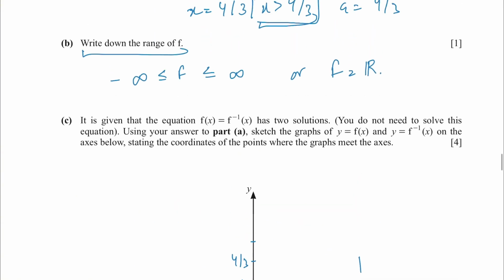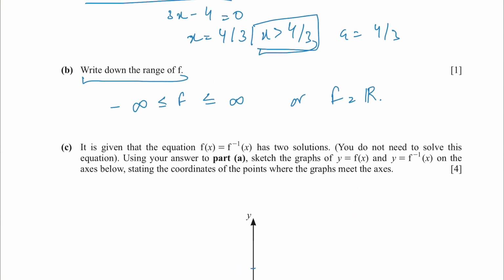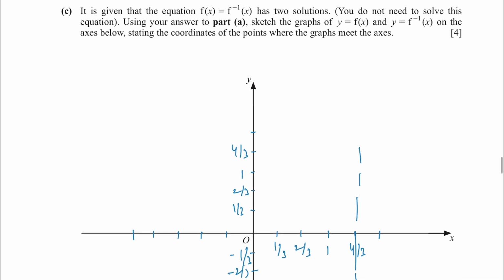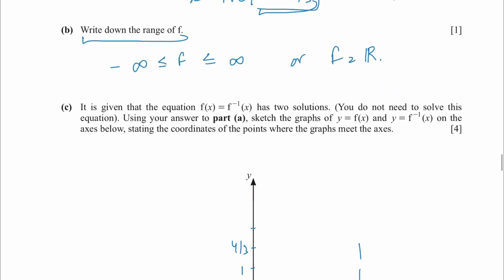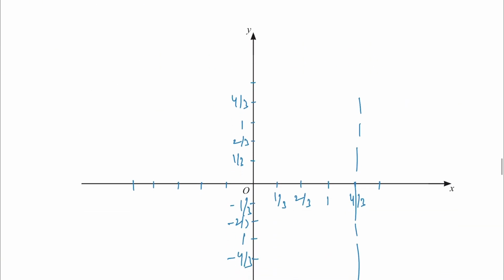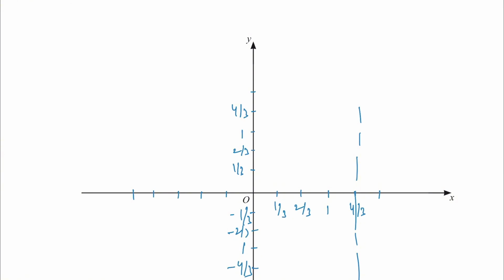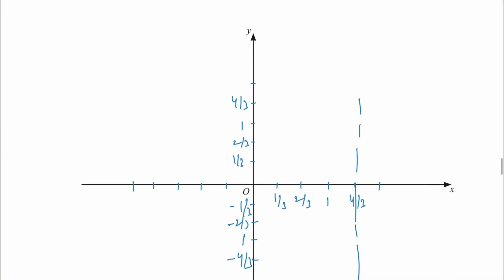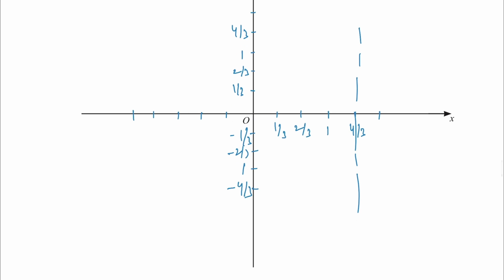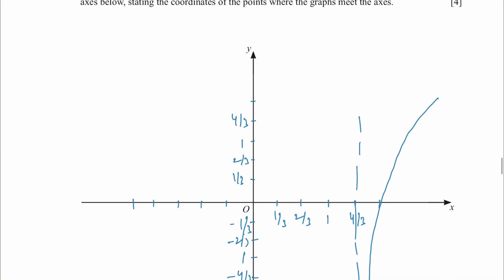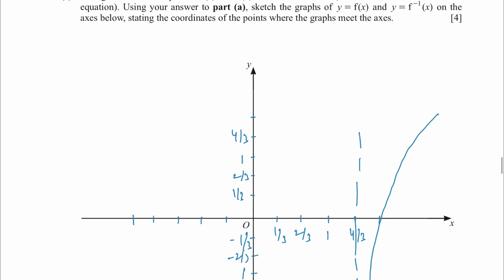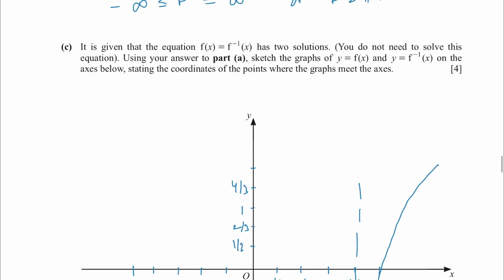If x is greater than 4 over 3, our graph would start at this point, something like this. We can calculate our y as well, but it won't be recommended.